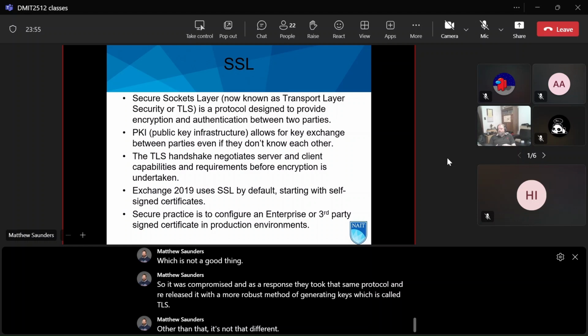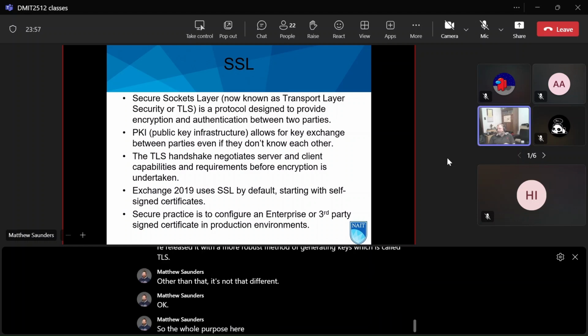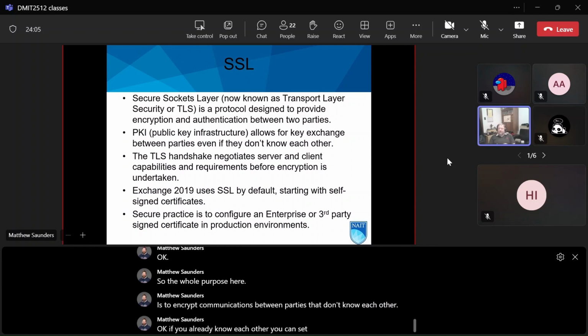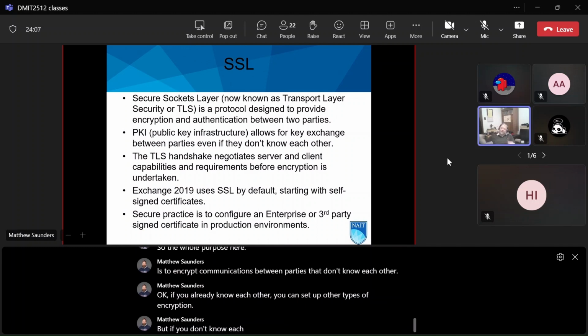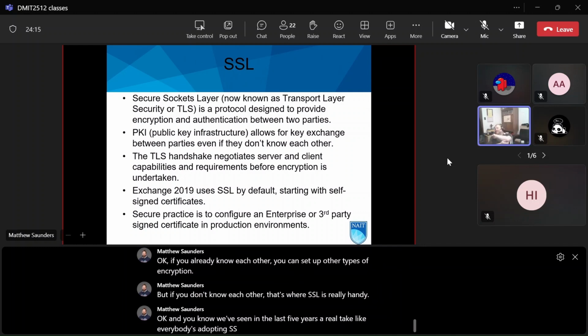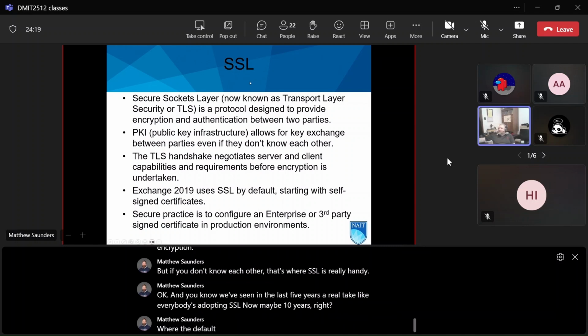So the whole purpose here is to encrypt communications between parties that don't know each other. If you already know each other, you can set up other types of encryption. But if you don't know each other, that's where SSL is really handy. And we've seen in the last 5 years, maybe 10 years, everybody adopting SSL now, where the default behavior of a website is to immediately put you into SSL.